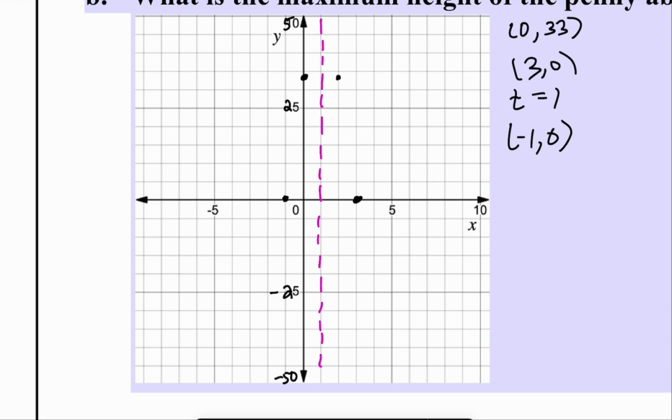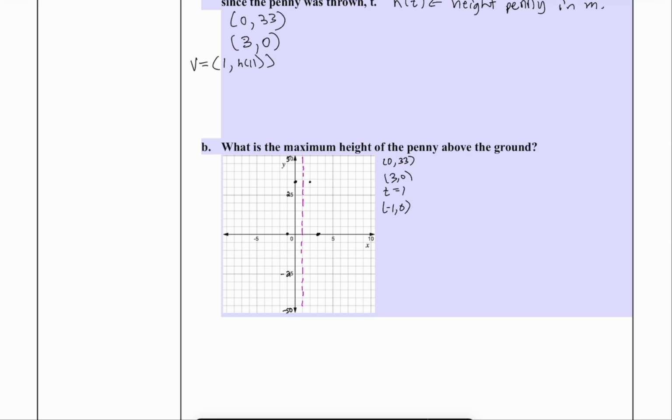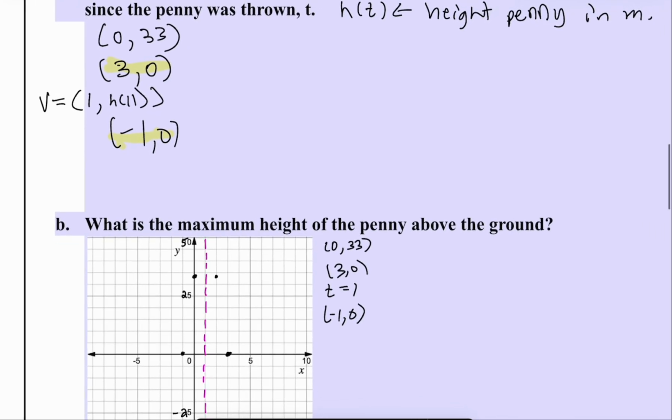Okay, so that's what I know so far. Now let's think about the question we had earlier. We knew our 2 roots. So we know 3 and -1 are our roots, okay? We have an extra point, (0, 33). So that's exactly like the problems we just did. So what do we know? Well, we know h of t is a times (x minus 3) times (x plus 1).